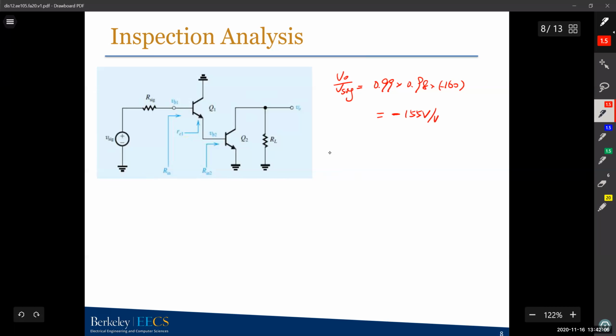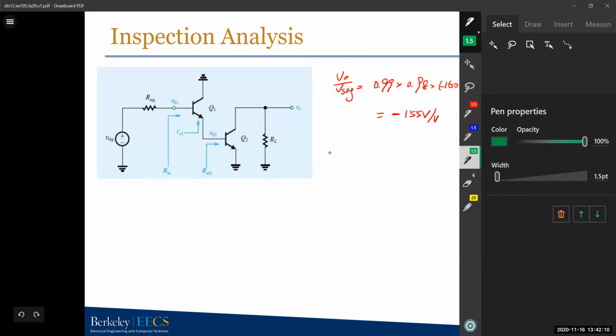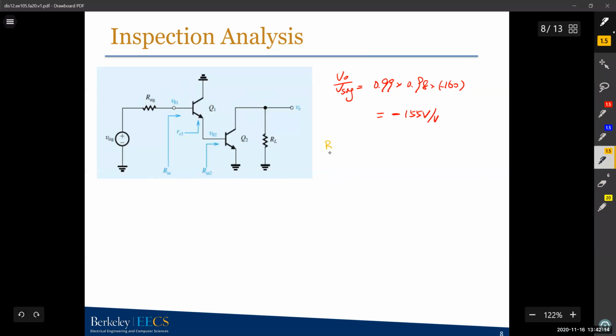I still want to say it again. Base to collector will give you a negative gain. Base to emitter will give you 1, which is a positive 1.